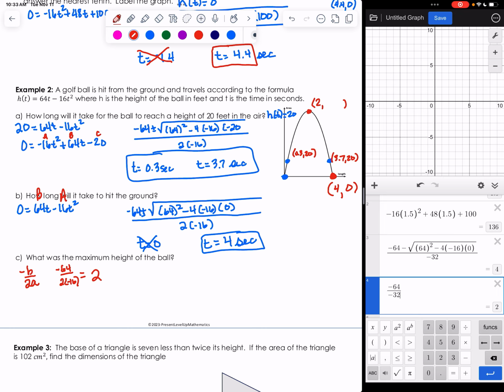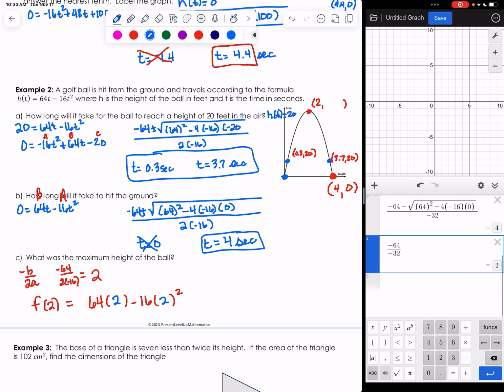So now we're going to evaluate this function for f of 2. So this would be 64 parenthesis minus 16 parenthesis squared. I'll plug in the 2 seconds.